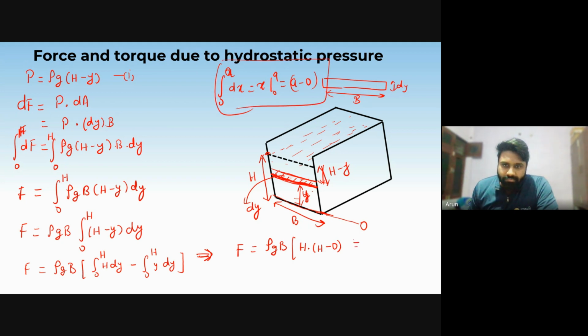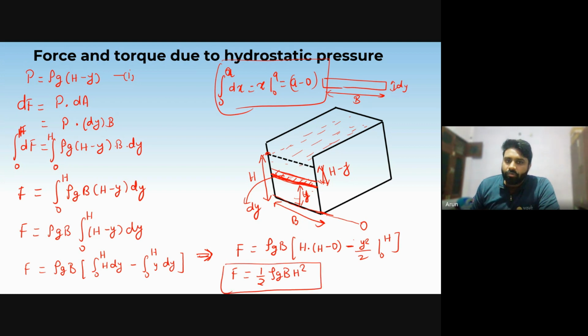So it is plus one term more extra we have, minus the integration of y dy, which will become y square by 2, and limits are 0 to h. Now this will become 1 by 2 times rho g b h square, because this will become h square by 2.